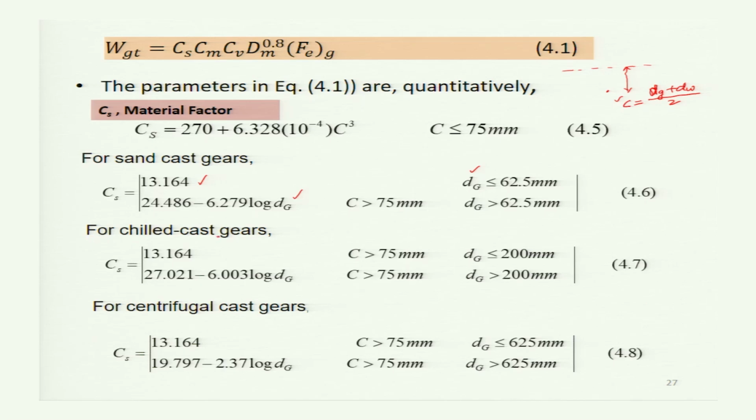Now for chilled cast gears, the gears which are made by the chilled casting process, the value of CS is given by equation 4.7 based on the center distance and the pitch circle diameter of the gear. For centrifugal cast gears, the CS, the material factor, will be given by equation 4.8 based on the pitch circle diameter of the gear and the center distance.